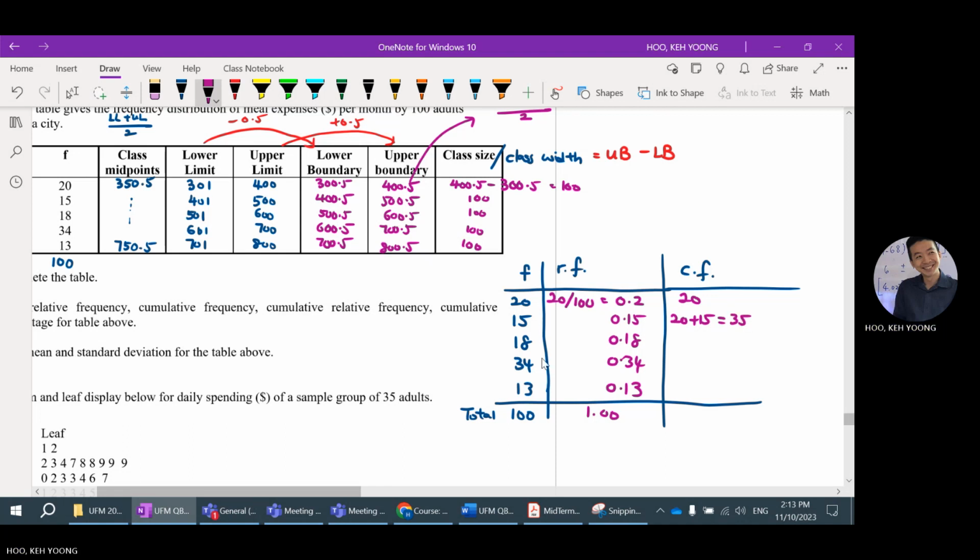So 35. 35 plus 18 is 53. 53 plus 34 is 87. And the last one, hundreds. Just add up the frequency.